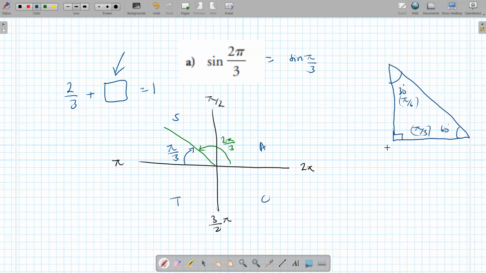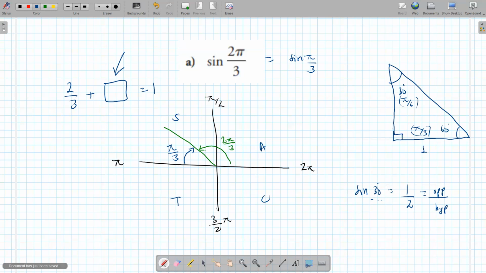There's a right angle. How do we build this 30-60? We talked about it briefly yesterday. There's a little trick that you need to remember. It's that sine of 30 is 1 over 2, which means in this triangle, relative to 30 degrees, the opposite side length is 1 unit and the hypotenuse is 2 units.